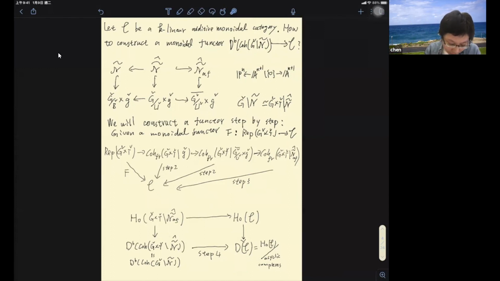So the idea is as follows. The Springer resolution is by definition a closed embedding into the product of the flag manifold and the dual Lie algebra. And we have this T-torsor here: G check mod U check is the basic affine space, so we have a natural projection here. And we have this affine open embedding, where G check mod U check bar is the affine closure of the basic affine space.